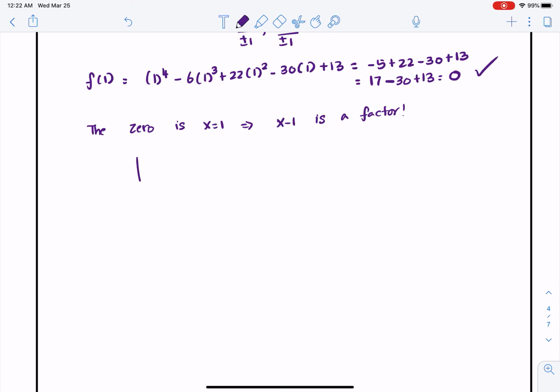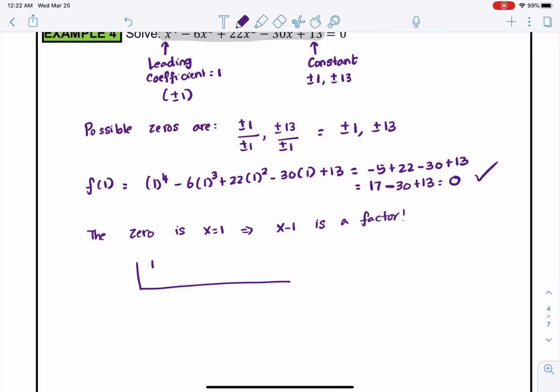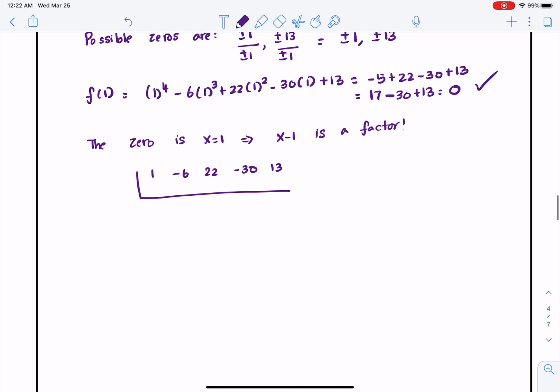Now we go about dividing the given polynomial, which is 1, minus 6, 22, minus 30 and 13. 1 goes in there, 1 comes down, 1 times 1 is 1. We have negative 5. 1 times negative 5 is negative 5. 22 minus 5 is 17. 17 times 1 is 17.